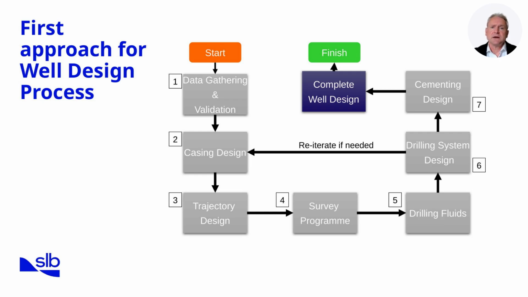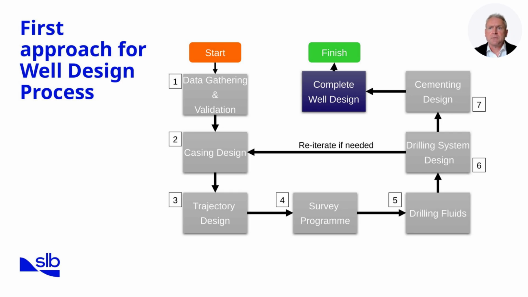After trajectory comes survey planning, ensuring the accuracy of directional control. Drilling fluids are then designed to balance pore pressure and fracture gradients, maintain hole cleaning, and prevent formation damage. Drill string and system design follow, optimizing hydraulics, torque, and drag. Finally, cementing design completes the well architecture by securing zonal isolation.